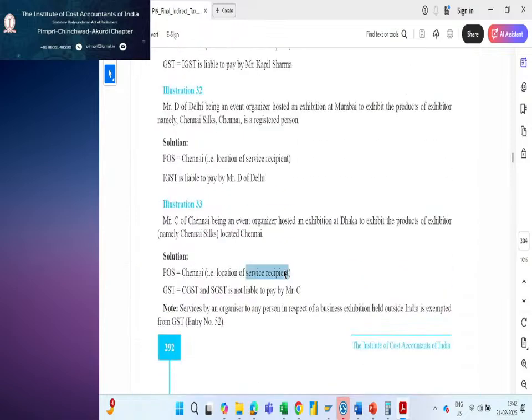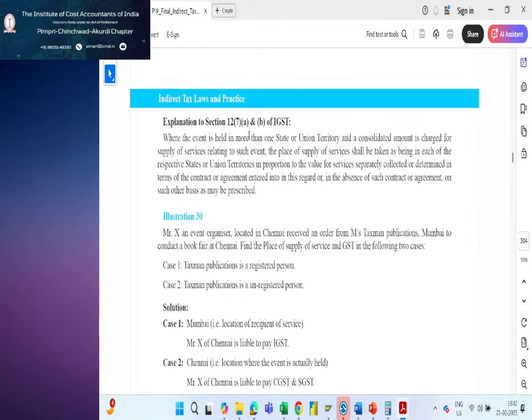So what difference does it make? There is a section with clauses A and B, which say where the event is held in more than one state. If the event has been organized in multiple states, how much GST do they have to bear in which state? How do we need to identify it? Here it is mentioned that it is in proportion to the value of the services separately.